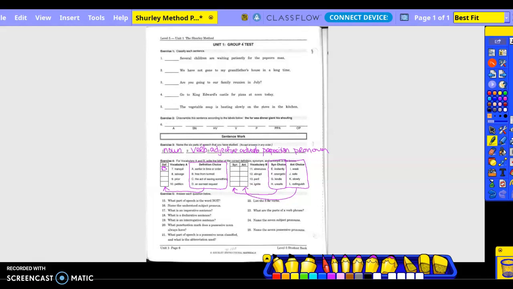So the rest will either be A, C, or D, okay? Because we'll do those for homework. So 8, 9, and 10 are for homework. Strenuous, what's the synonym for strenuous? Instantly, energetic, kindle, or unsafe?